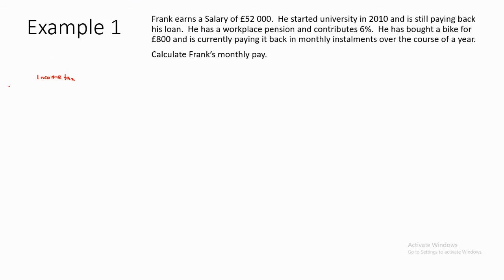If you remember, his first £12,500, so 0 to 12,500, is 0%. He doesn't pay any tax on that. Okay, next up to £50,000, he pays 20%. So this is basic rate.